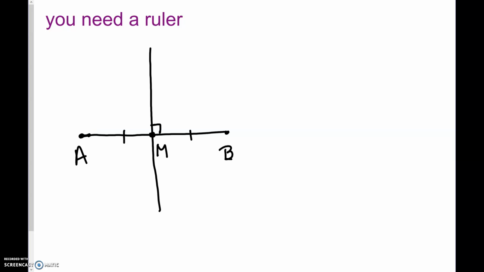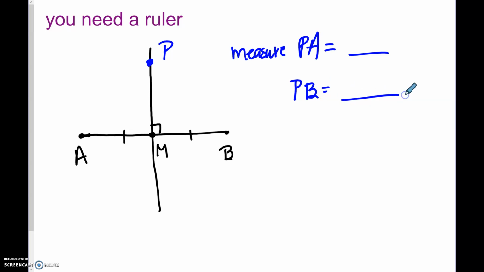Okay, now that you have that, pick a point, any point. It doesn't really matter where you pick this from. So pick a point P. And then now I need you to measure from P to A, and I need you to measure from P to B. Okay, and now you should be able to get a conjecture.